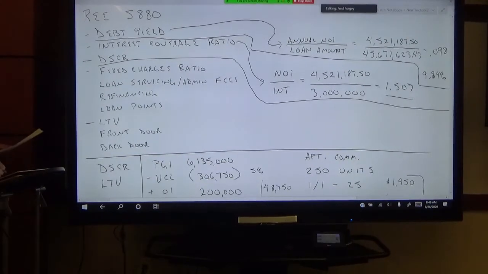And so let's just say that we've got net operating income, but we've also got other things that we may be subtracting out. So let's just say we've got something like ground rent, and also maybe a second mortgage. This is fixed charge ratio. Yes.